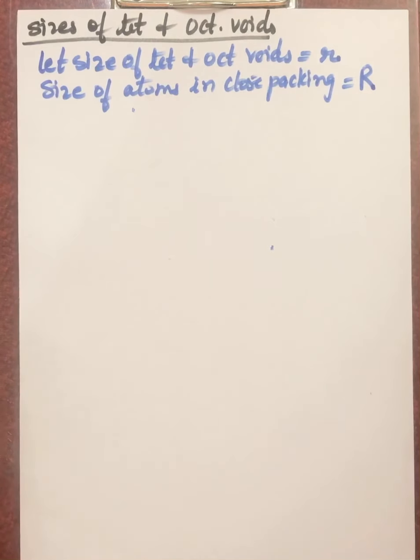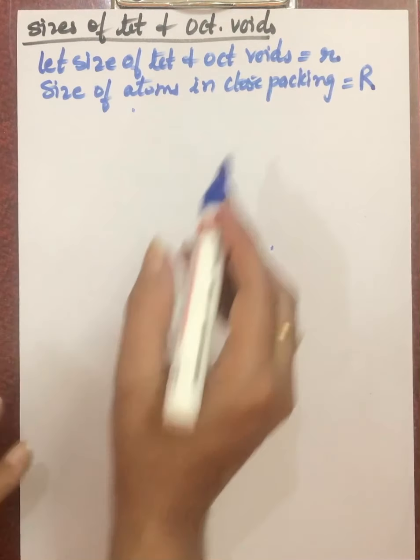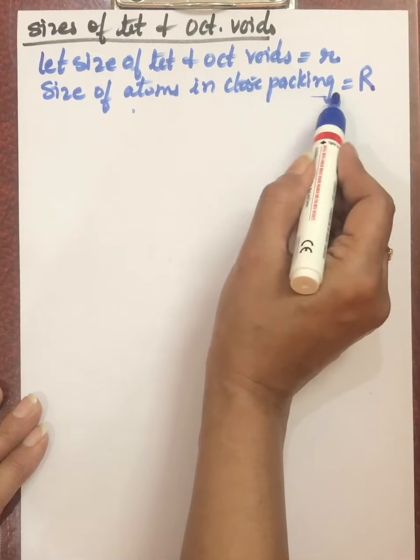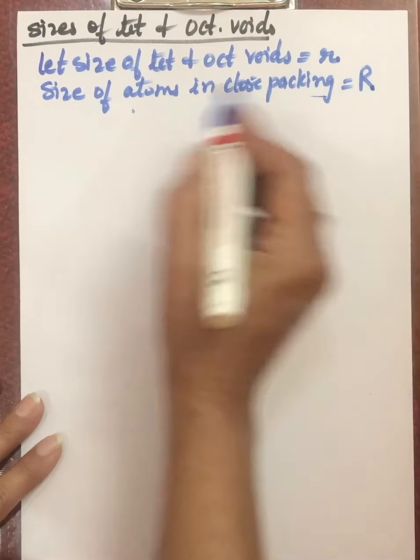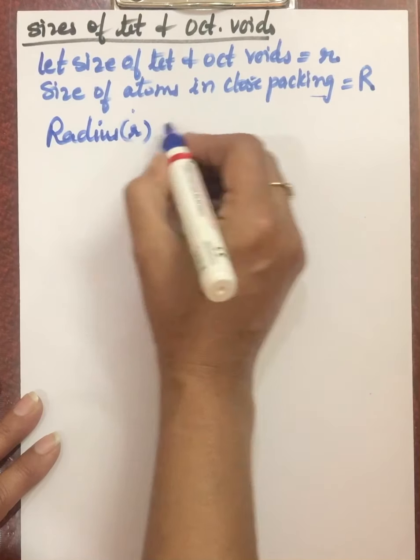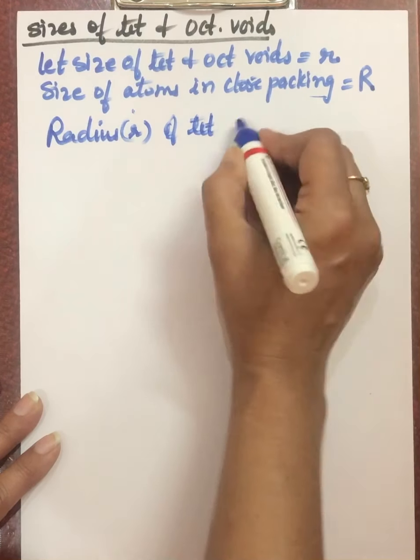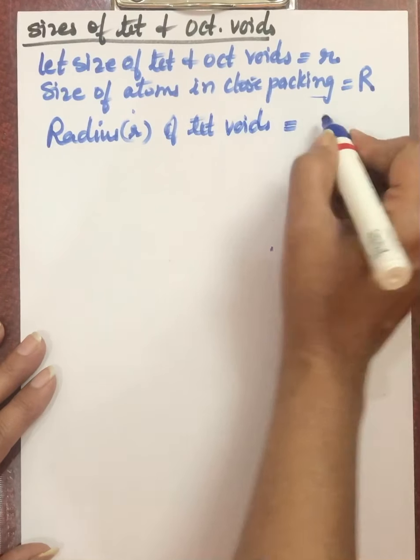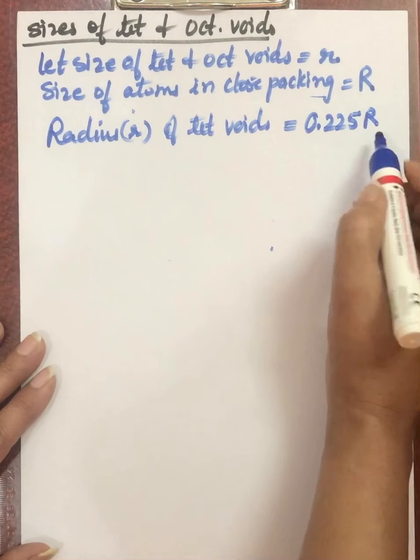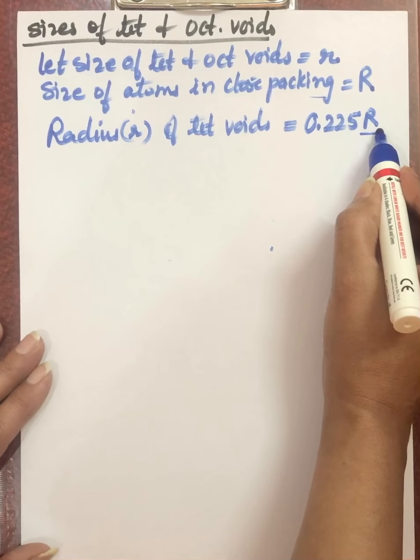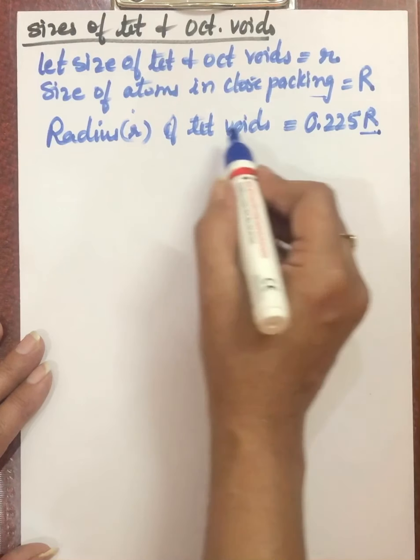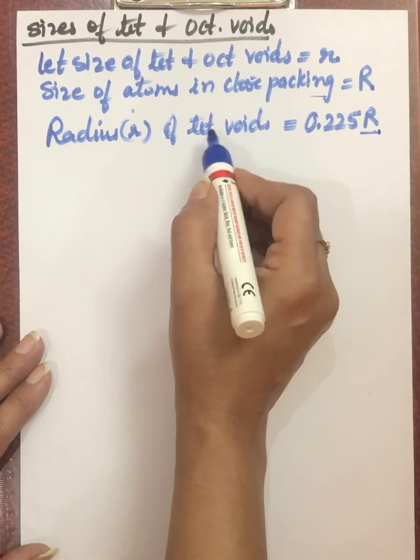Actually, the size of these tetrahedral and octahedral voids depends on the size of the particles which are there in the close pack arrangement. The radius, or we can say size, of tetrahedral voids is equal to 0.225 capital R. Size of the particles in close pack arrangement, multiply it with 0.225, gives us the size of the tetrahedral void.